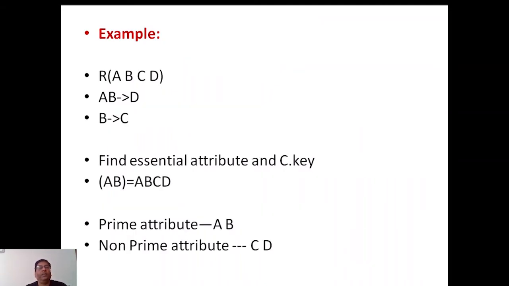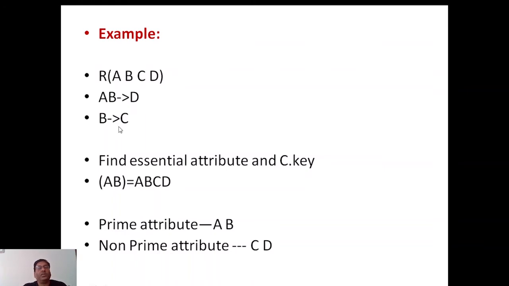Take an example wherein you have a relation over here having four attributes A, B, C, D. And there you find some functional dependencies which are given to us, wherein there is a functional dependency from A, B to D, and a functional dependency exists from B to C. So we'll be given a relation and we'll be given some functional dependencies.